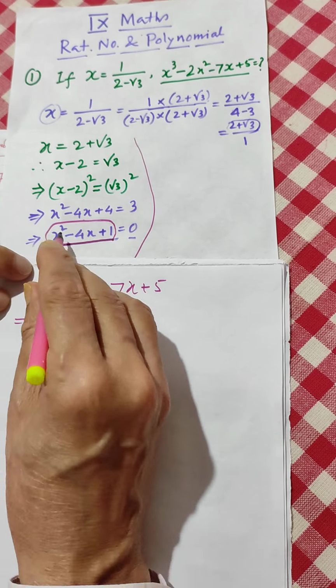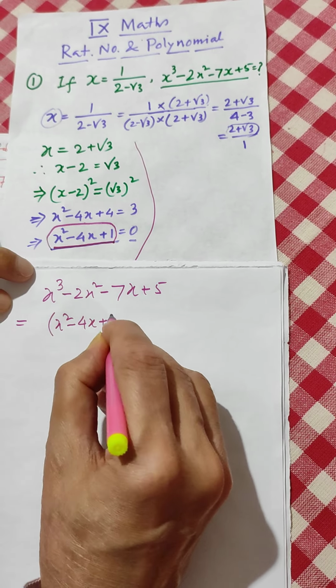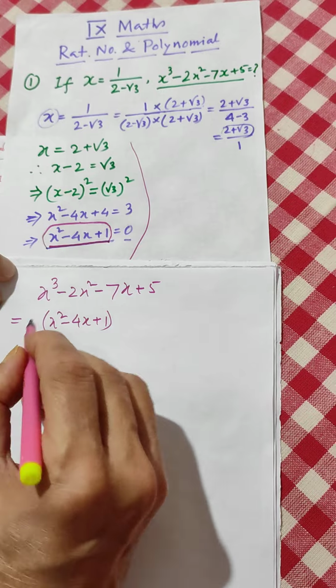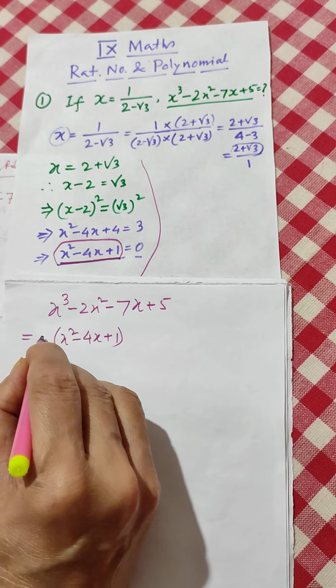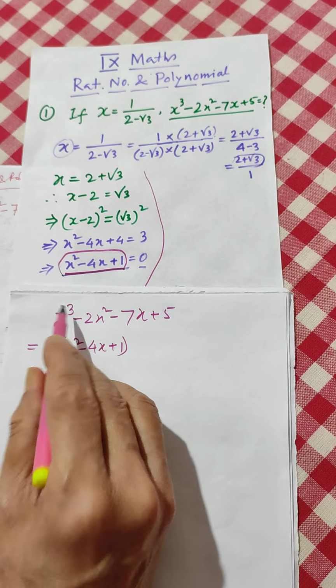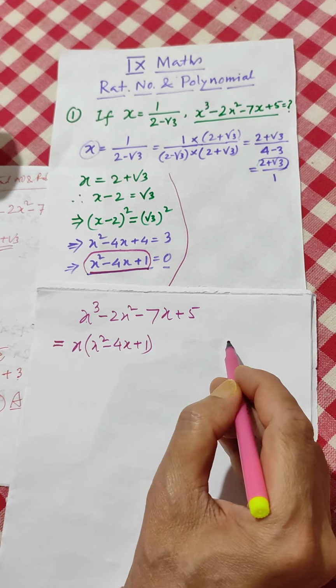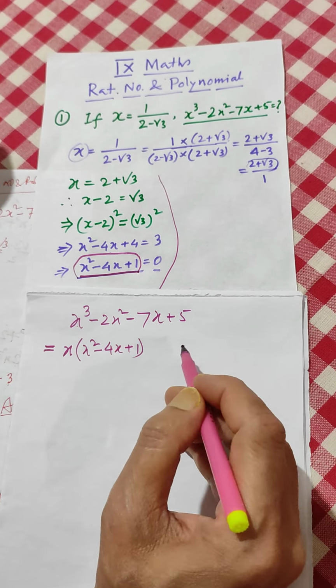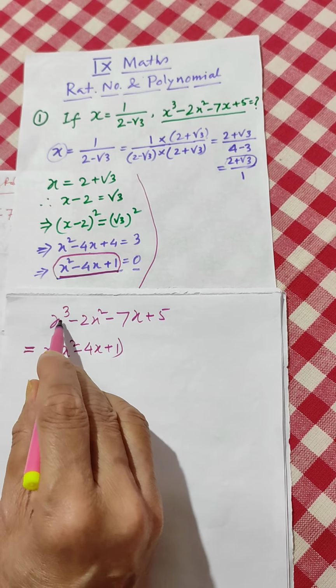So we write x square minus 4x plus 1. Now we must multiply here by x so that we can get x cube, because this expression must be equal to what we are going to write. So we must write x here, because then x into x square will be x cube.